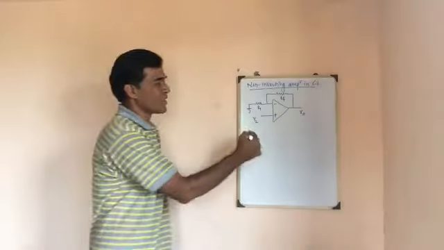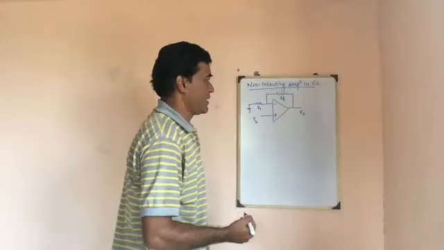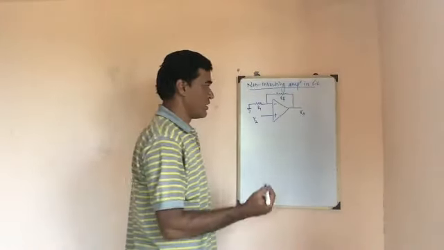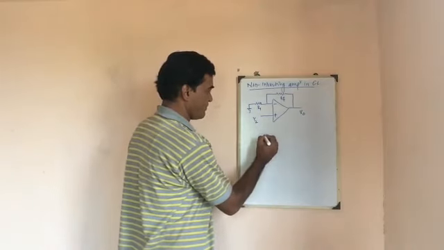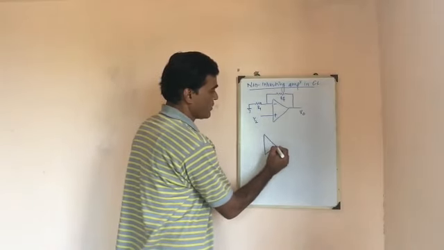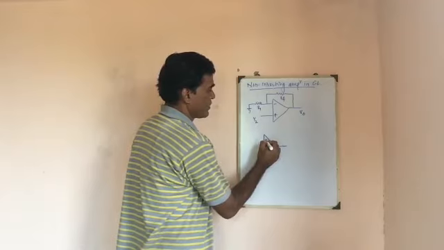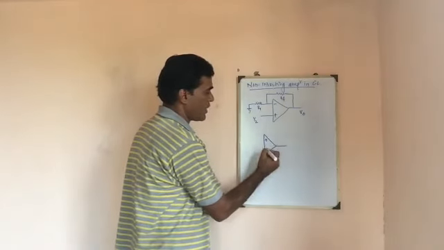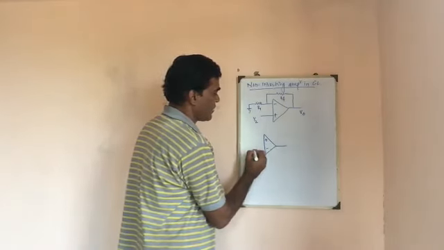Let us redraw this circuit so that I can easily derive the expression for the output voltage. Redrawing this circuit, this is the inverting terminal, this is the non-inverting terminal.